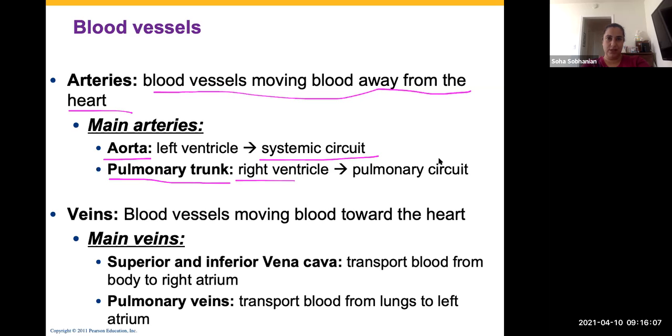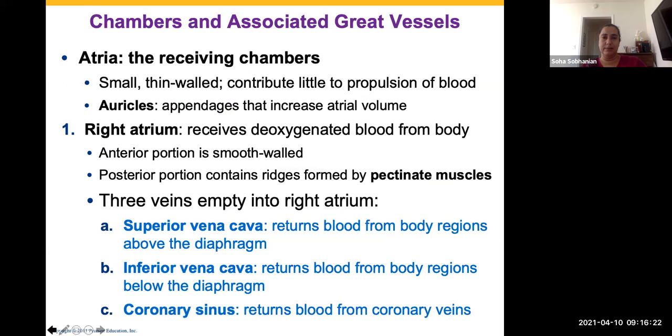If that makes sense to you guys, you are in a good position right now to have a general understanding of the circulatory process of the heart. And then again, we're building up on that. Here is what I've already discussed with you guys in a form of written statements.